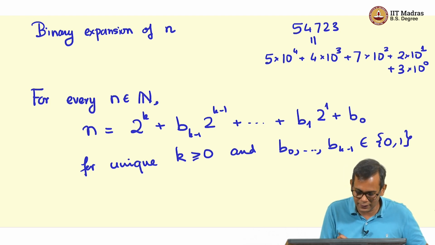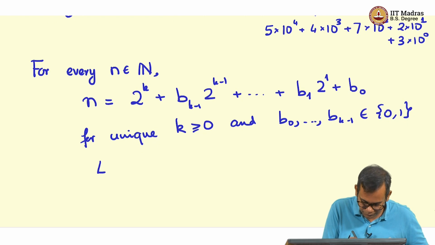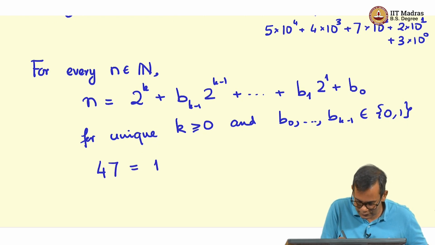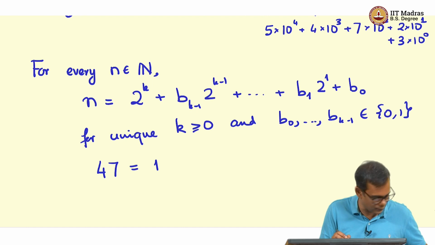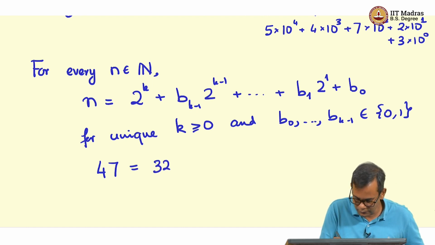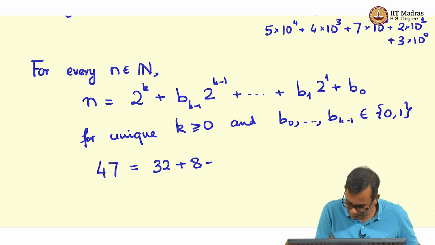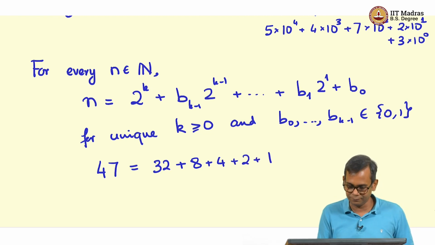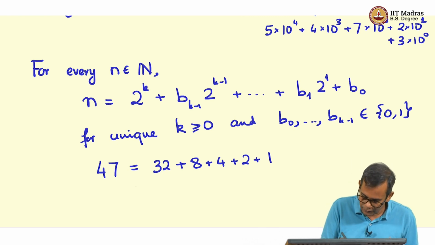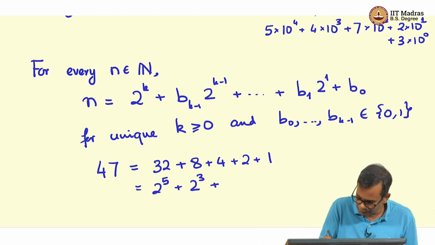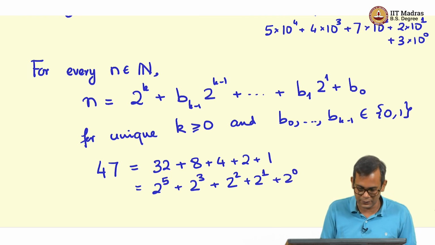For example, if we take the number 47, its binary expansion is 32 plus, and then we were left with 15, which is 8 plus 4 plus 2 plus 1. So, this is 2 to the power 5 plus 2 to the power 3 plus 2 squared plus 2 to the power 1 plus 2 to the power 0.